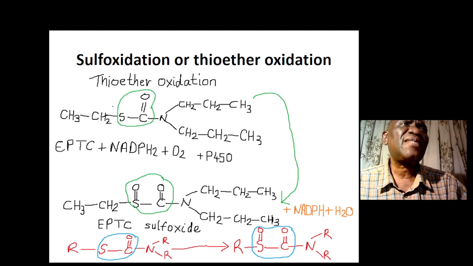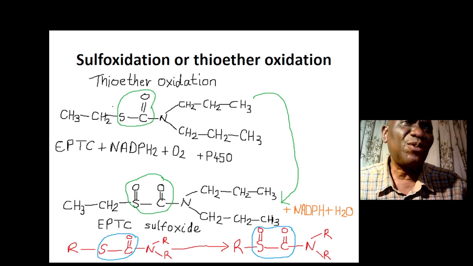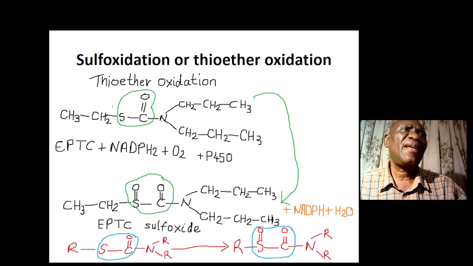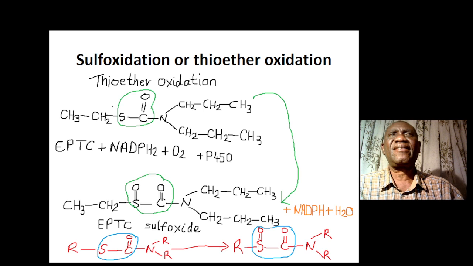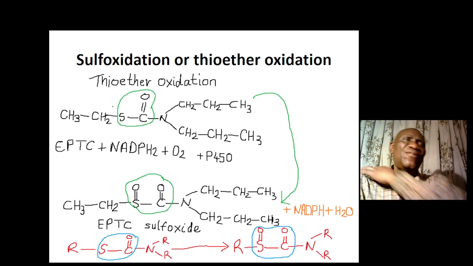And after sulfoxidation or thioether oxidation, we now have a second oxygen being inserted into the sulfur. Then this herbicide will cease to be active, and we have simplified the reaction here. We are simply showing that oxygen has been added to the position of sulfur.